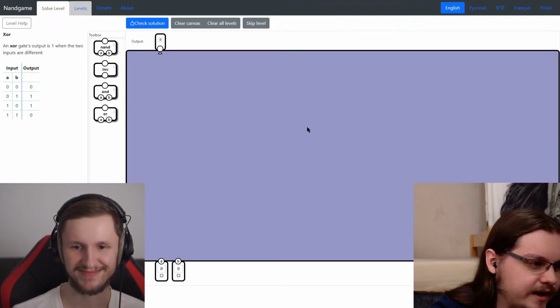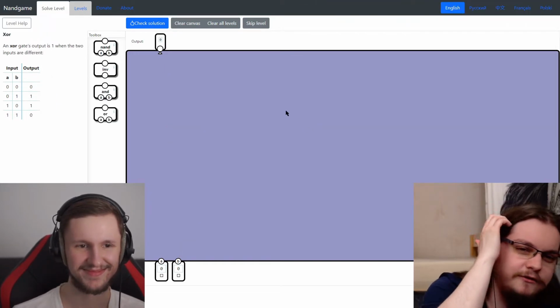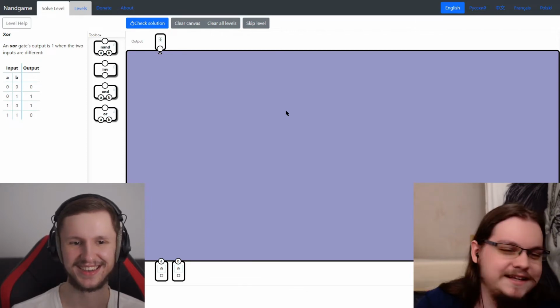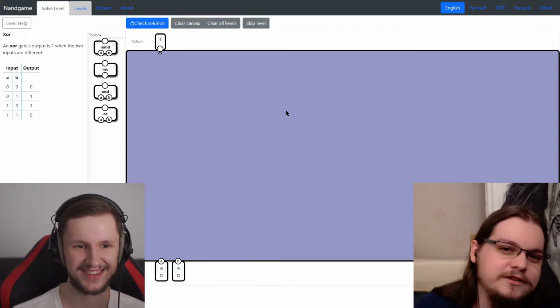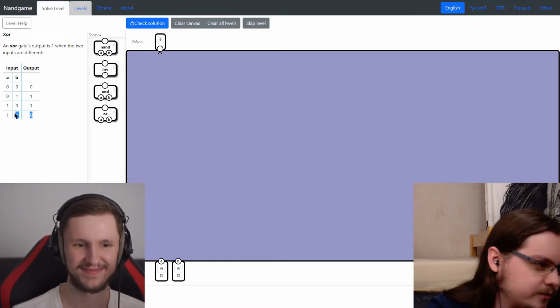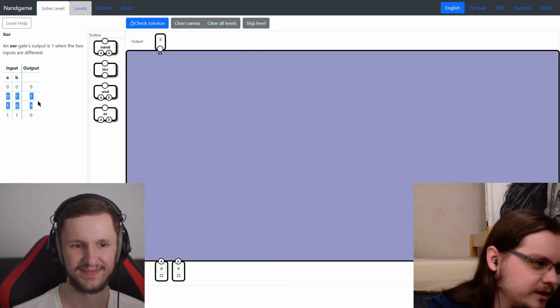That's good. And my favorite, the exclusive OR. It outputs 1 when exactly one of the inputs is 1. So if both are 1, we get 0. If both are 0, we get 0. If exactly one of them is 1, we get 1.